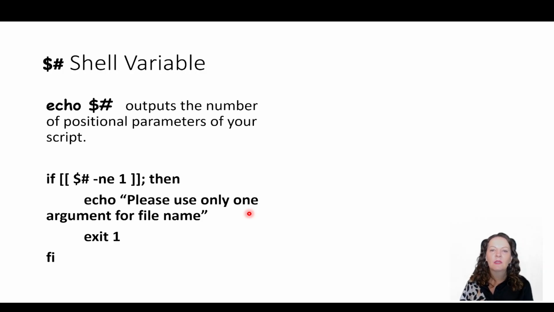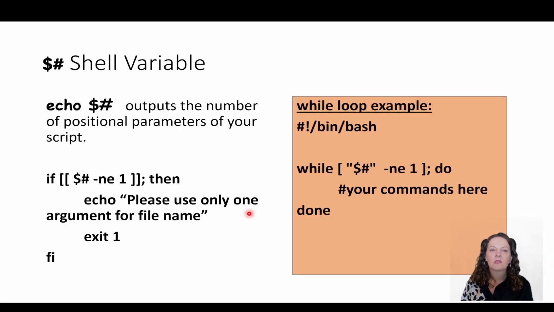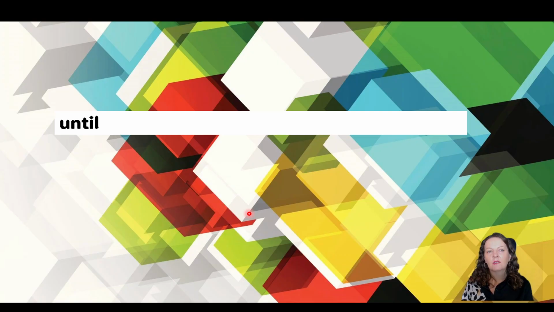Your exit 1 will indicate that a file has exited with an error because there wasn't an argument for the file name. So here's just an example. While it's not equal to 1, do whatever you want to do. That is checking the number of positional parameters, the number of arguments that have been entered at the command line.